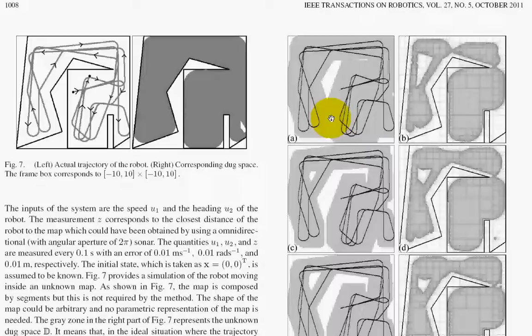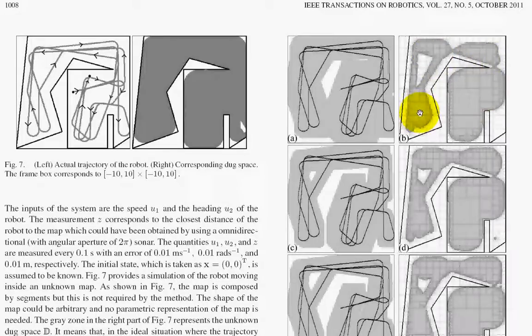Using a SLAM technique, it is possible at the beginning to have a bad envelope of this trajectory and also an inner approximation of the map.